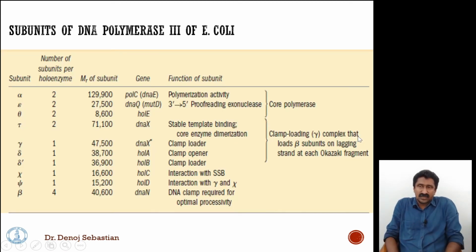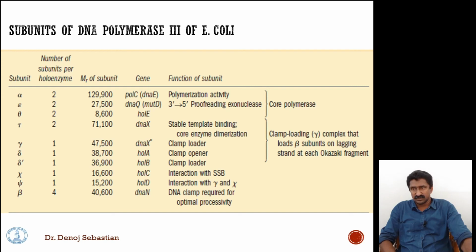And when we come to the different subunits of DNA polymerase 3, here is the list of the subunits: alpha, epsilon, theta, tau, gamma, delta, delta dash, chi, psi, beta.